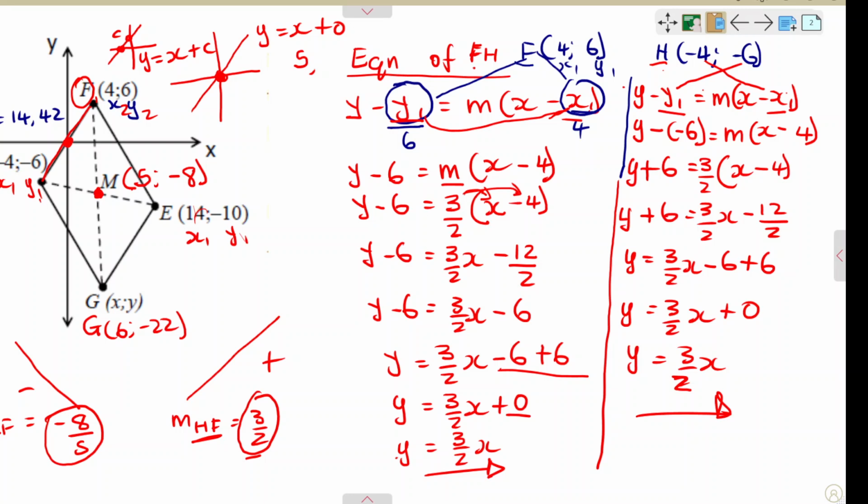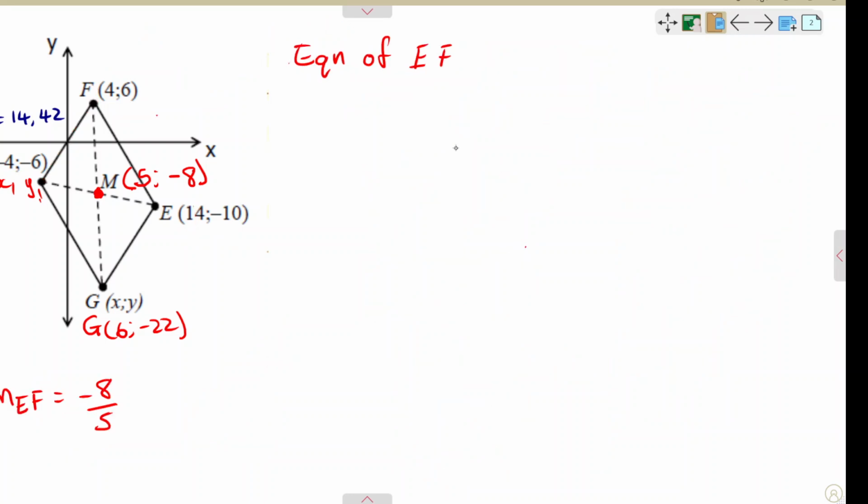Now, let's find the equation of the next line, which is the line EF. We can also take point F or take point E. You can pause your video, try to follow what is going on here, and check if you can understand. Okay, so we are trying now to find the equation of the line EH, the line that has a negative gradient.